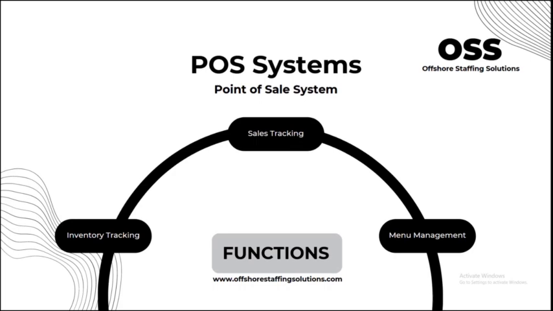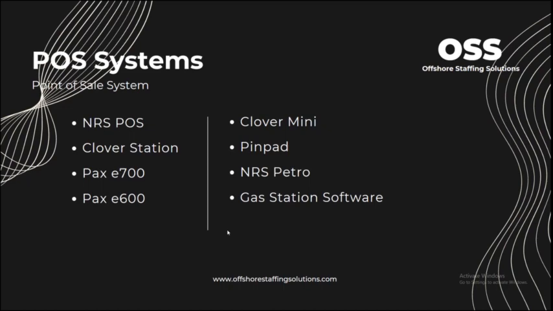This order is recorded in their system almost forever, until they manually go ahead and delete it. So this menu management is required in the restaurant, but inventory and sales tracking are particularly for grocery stores. These are the functions.